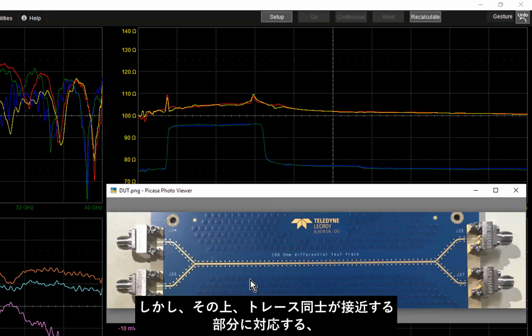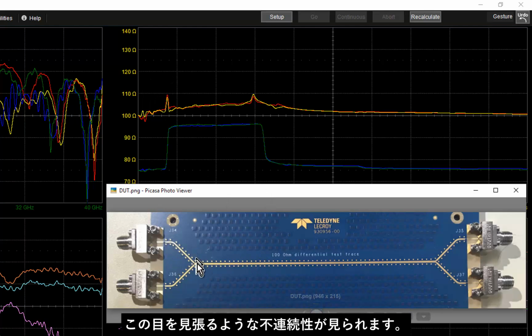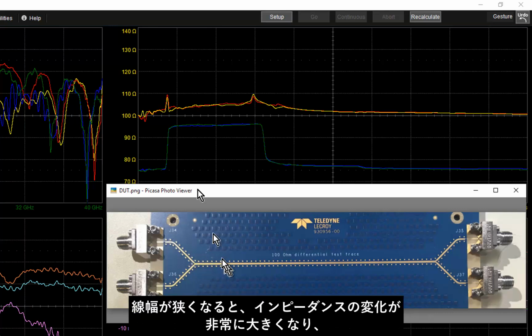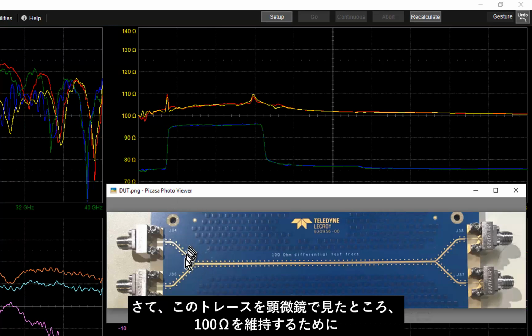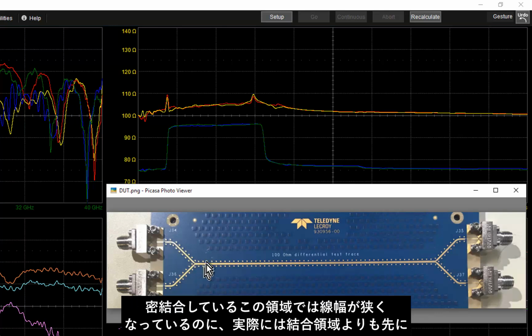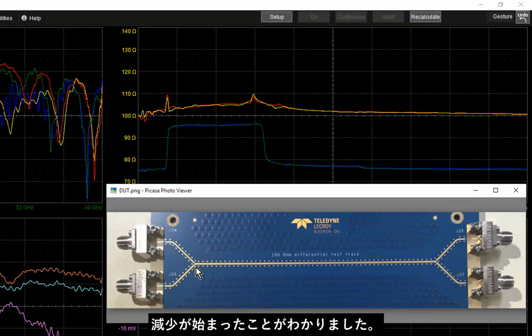But on top of that, we see this glaring discontinuity that corresponds to where the traces come close together, where the line width is reduced, a very large impedance change, almost 10 ohms of the differential impedance increase. Why is that? Well, when I looked at this trace under a microscope, what I found was that while the line width was decreased in this region where they're tightly coupled to maintain the 100 ohms, the decrease actually started before the coupled region.